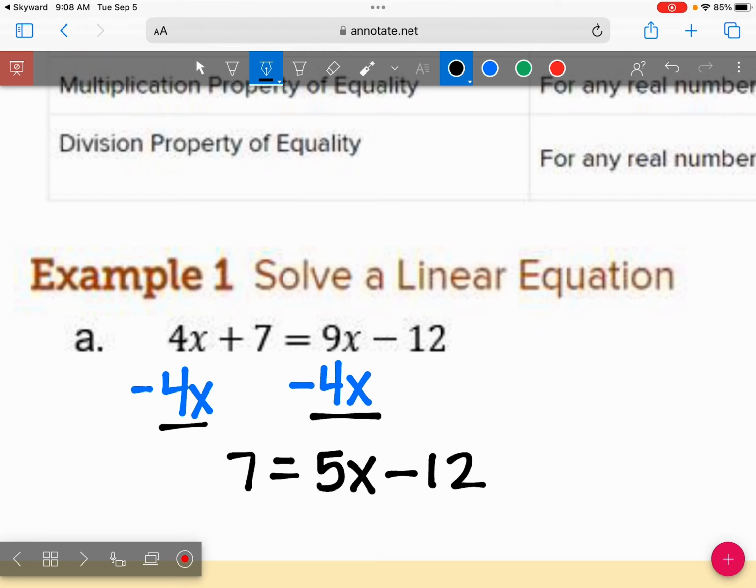And then I'm going to add the 12, because I'm doing the opposite. Because this was a positive 4x, I subtracted it. So if I want to move the 12 to the right or to the left, I'm going to do the opposite. The opposite of subtracting 12 is adding 12. So I'm adding 12.